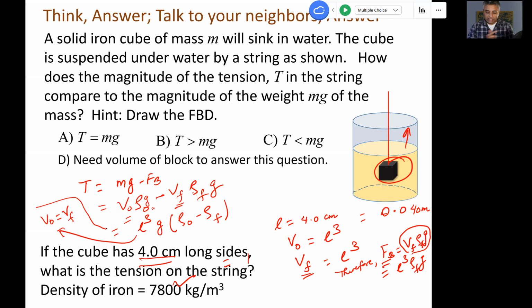So this being water, the density of fluid is going to be 1000 kilogram per meter cubed. Okay, so that's going to be the tension once you plug in numbers and get the answer, okay?